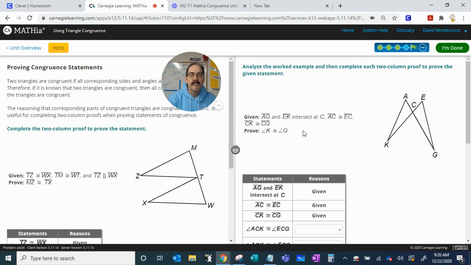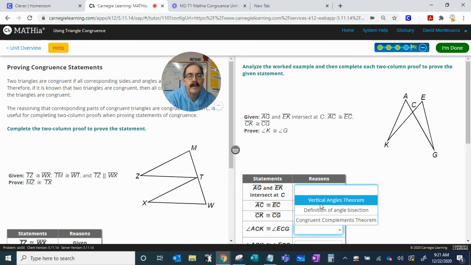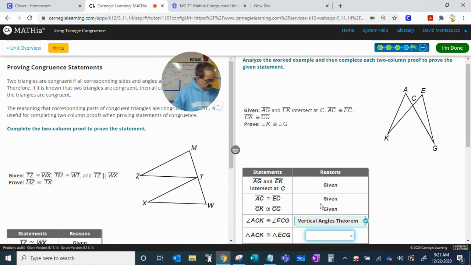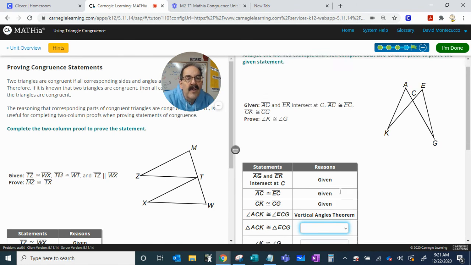Now we got this idea of a proof. So how can we say ACK, ECG? That's the vertical angles. X marks the spot. Okay, remember vertical angles. X marks the spot. Okay, triangle.